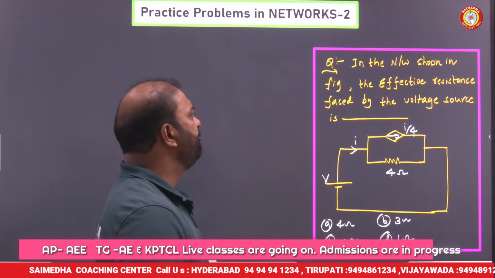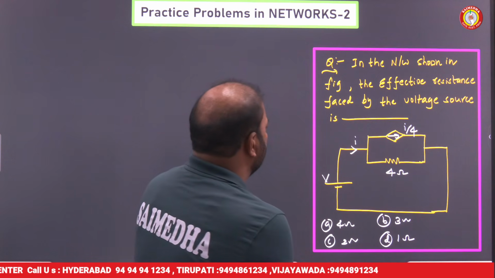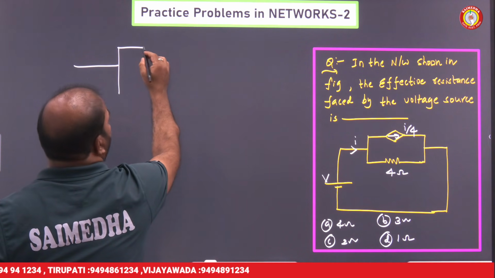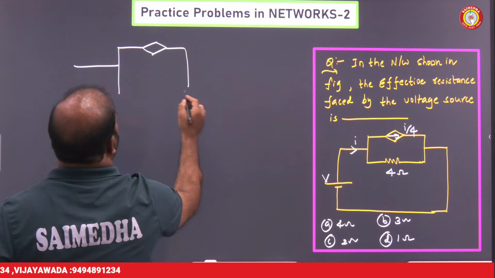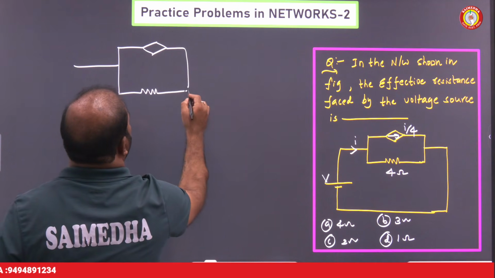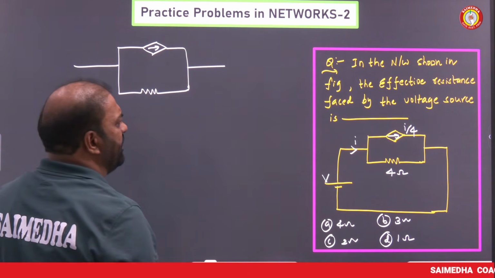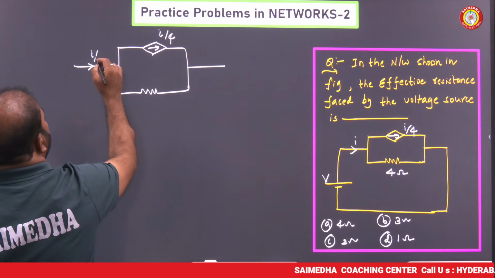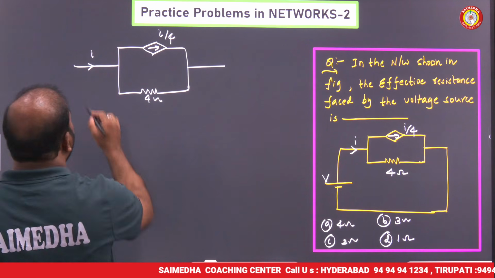In the network shown in the figure, find the effective resistance seen by the voltage source. Clearly the network has a parallel combination of a dependent current source and a resistor. The current supplied by the dependent source is I by 4, and the current entering this junction is I, and this is a 4 ohm resistor.